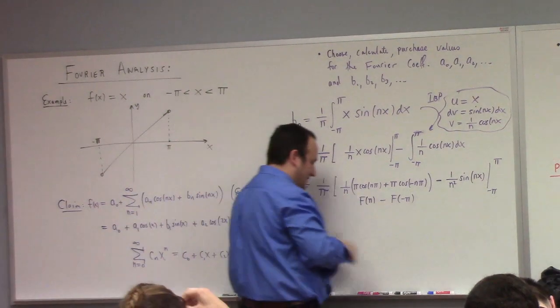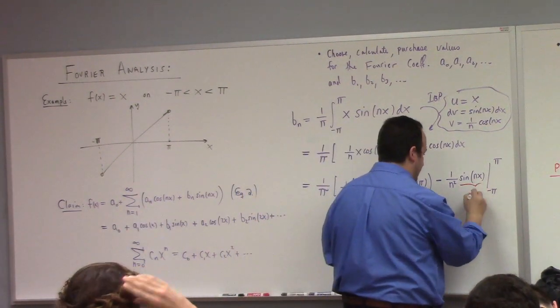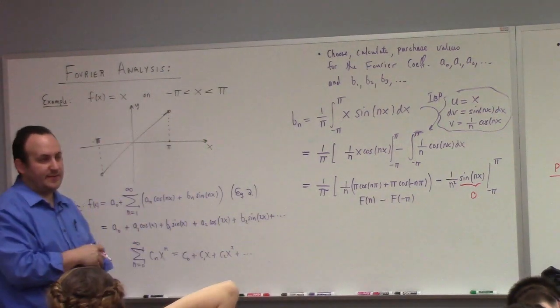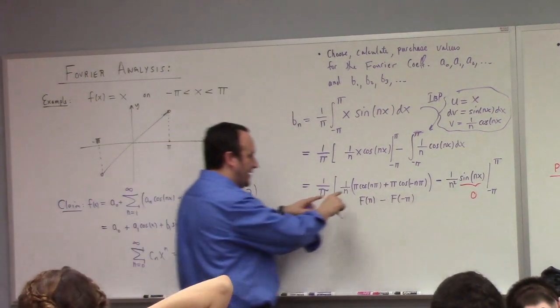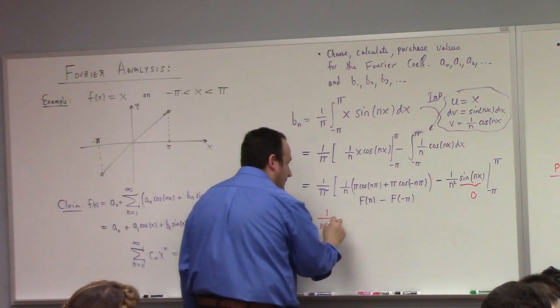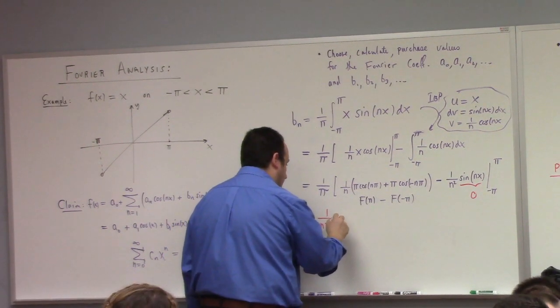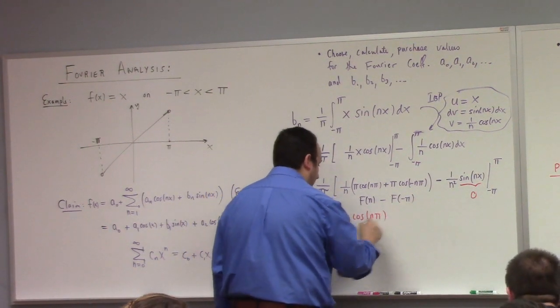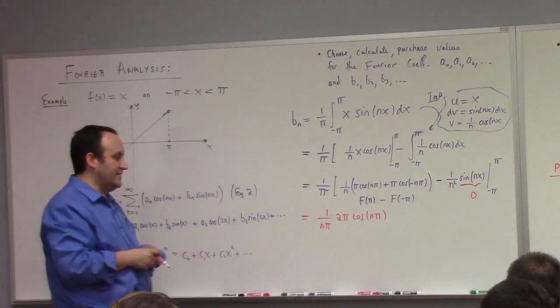So this is 0 because sine of pi and sine of minus pi, any multiple of them, is 0. This, on the other hand, is 1 over n pi times 2 pi cosine n pi. What is cosine of n pi?